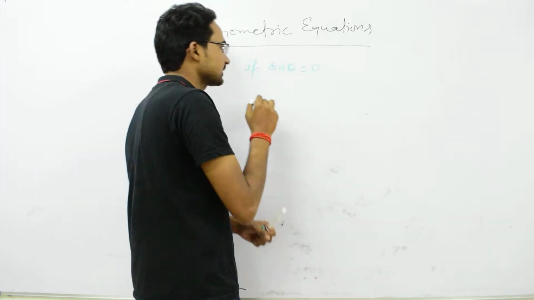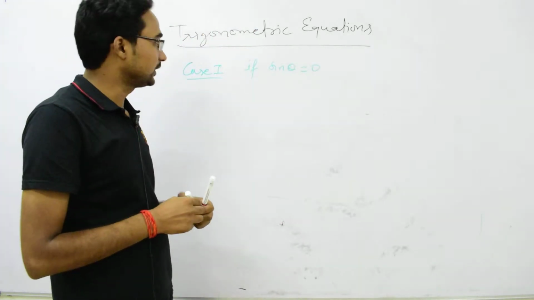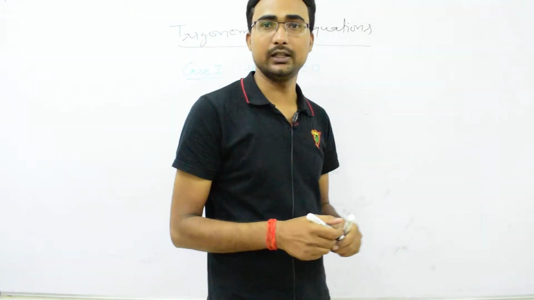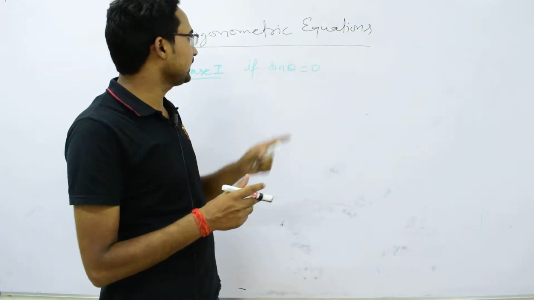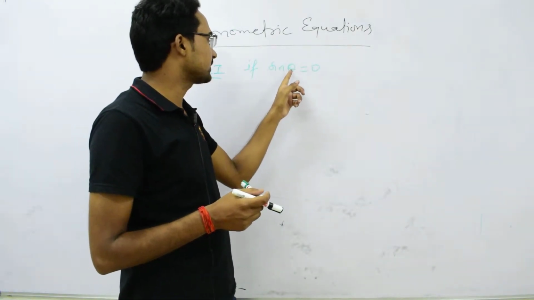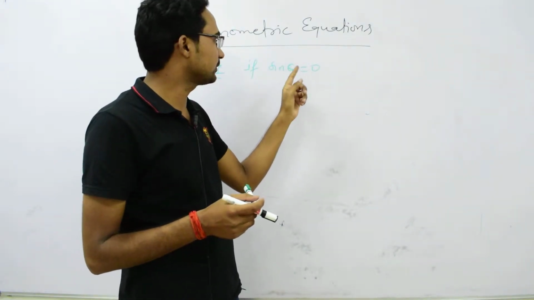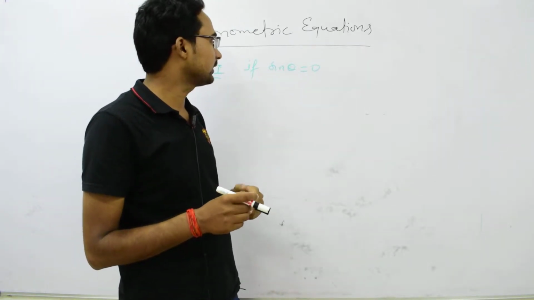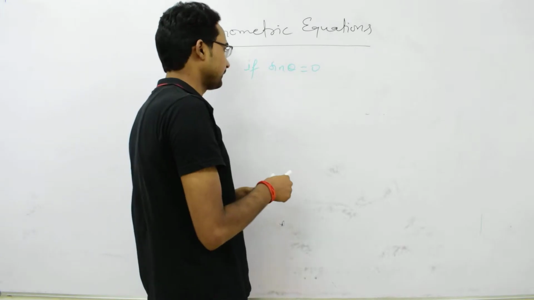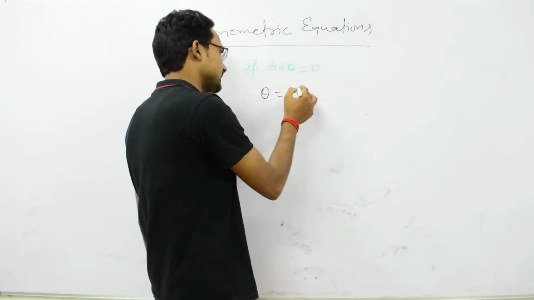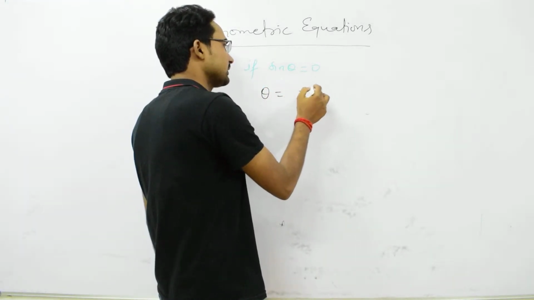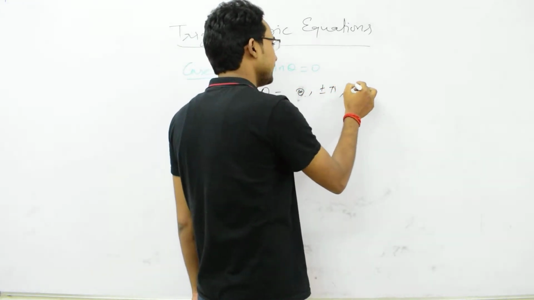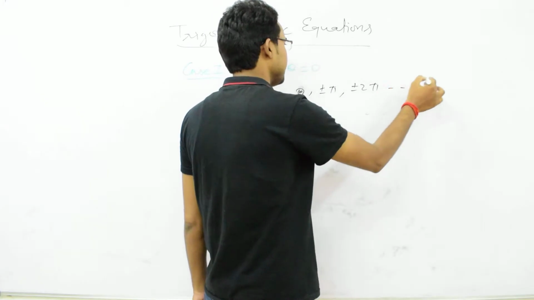If sin theta equal to 0, what will be the general solution for that equation? Clearly, sin theta will be 0 if theta equal to 0, theta equal to pi, theta equal to 2 pi. So we can write in set form theta is equal to plus or minus 0, plus or minus pi, plus or minus 2 pi, and so on.